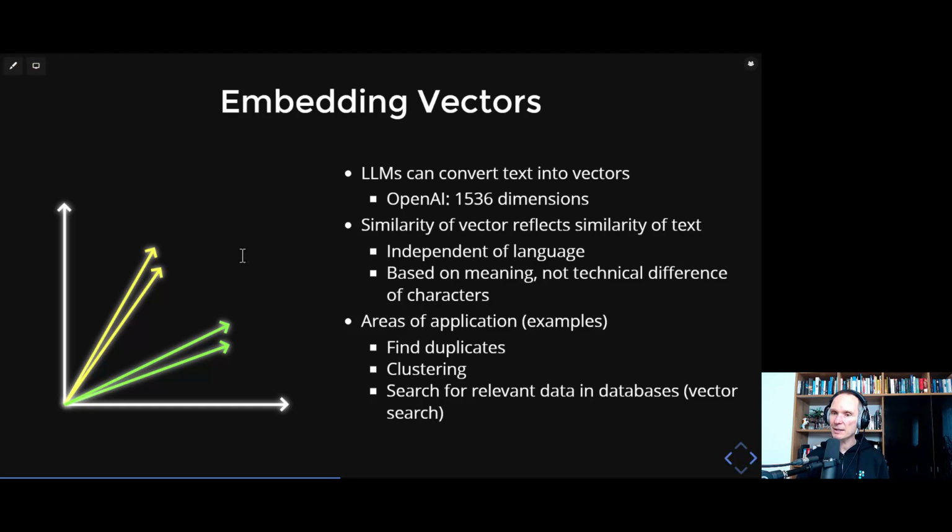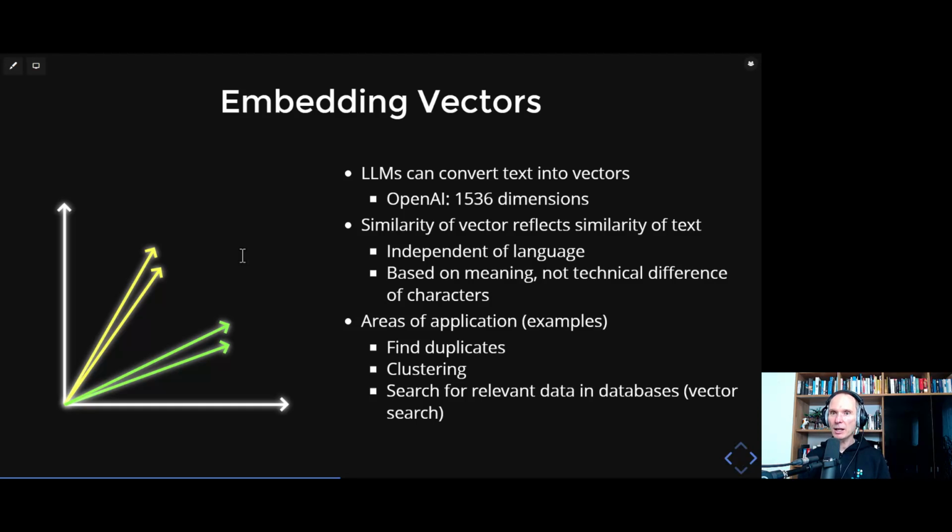You could cluster the text areas. Think of a knowledge base. You could find similar articles. If you read this text, those other texts might already be of interest for you, and this suggestion can be calculated based on embedding vectors. What you could also do, and this is what the RAG pattern is all about, that I will talk about in a second, you could take a question of a user.